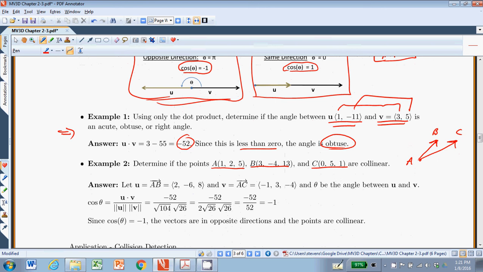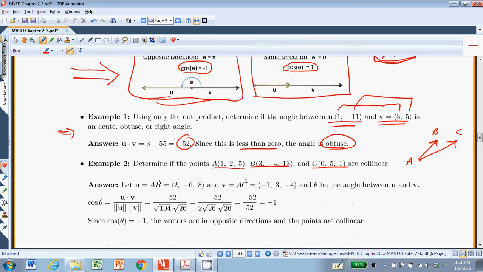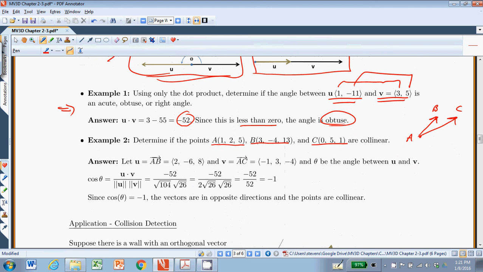Specifically, that means the cosine of the angle between them is -1 or 1. So all we have to do is see if it's -1 or 1.